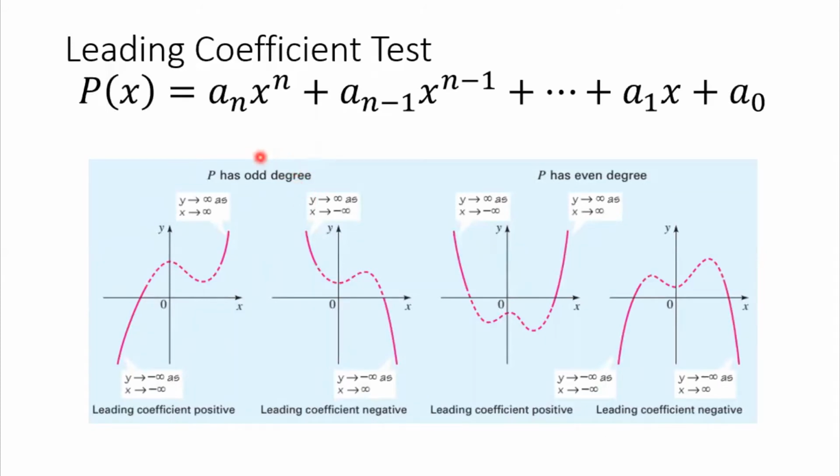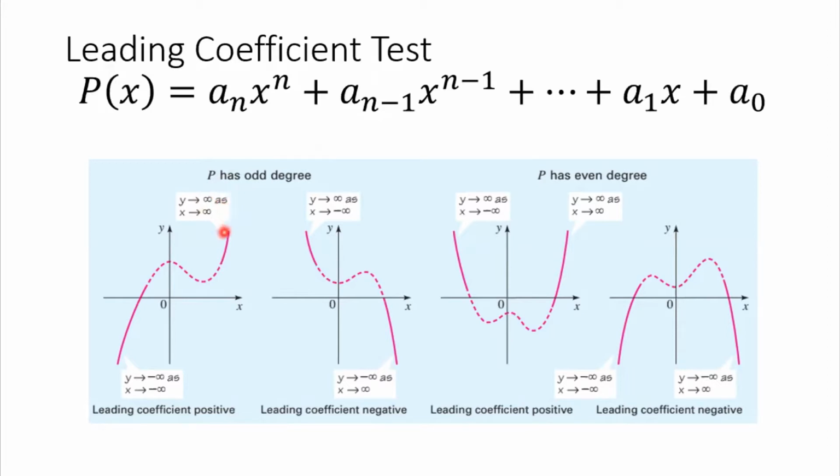Now, since we know that a polynomial has degree n, we have to identify whether our n is odd or even. Now, in the case that our n is odd, the next thing that we are going to do is to identify the leading coefficient.